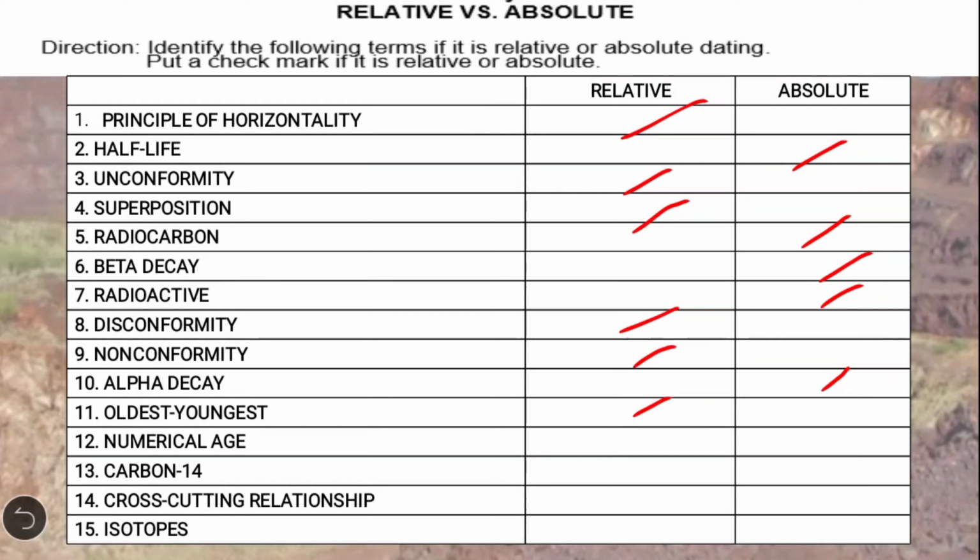Using numerical age. Absolute. Very good. Carbon 14. Absolute. What about cross-cutting relationship? Okay, nice one. Relative. Last is isotope. Is it relative or absolute? Very good. It is absolute. So these are the answers in our activity. Very good.